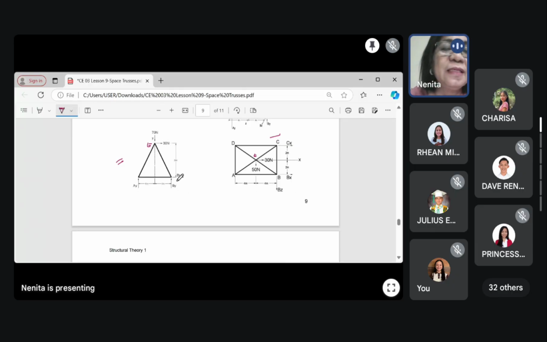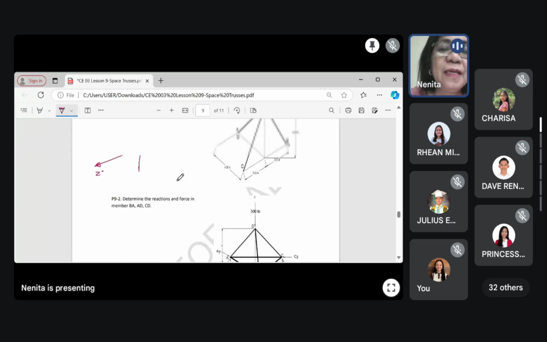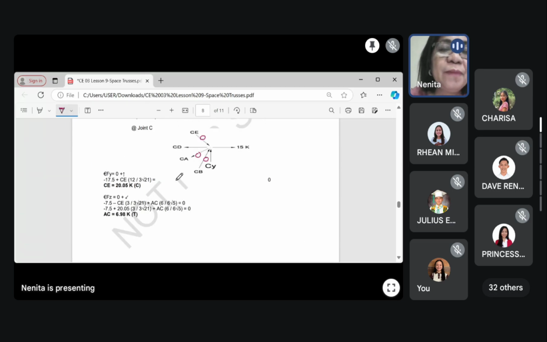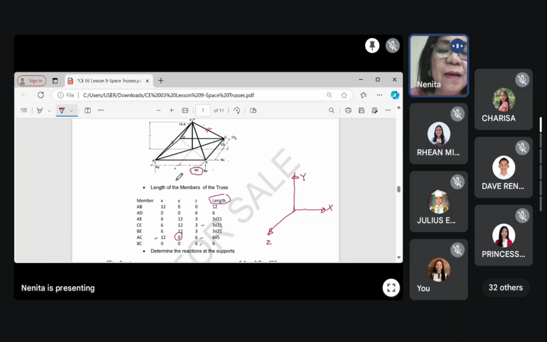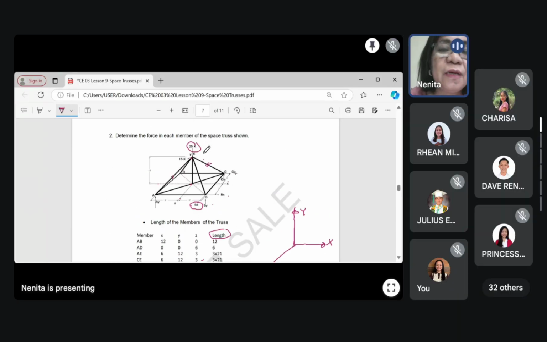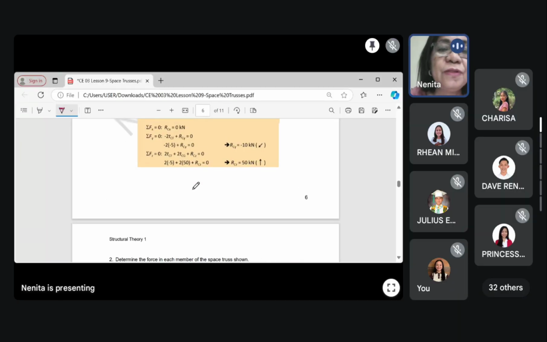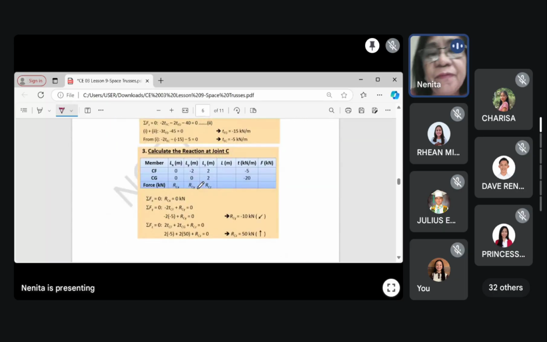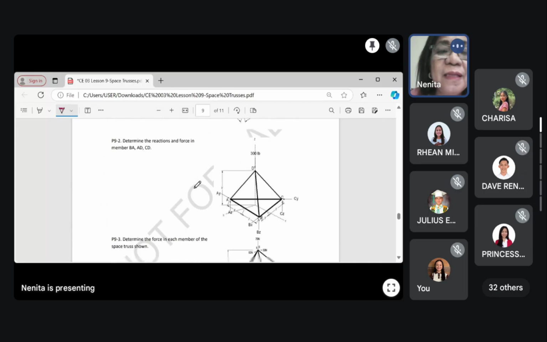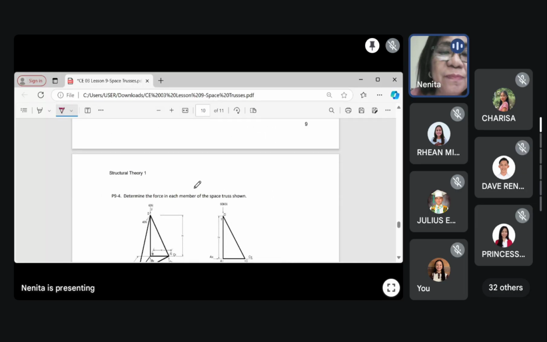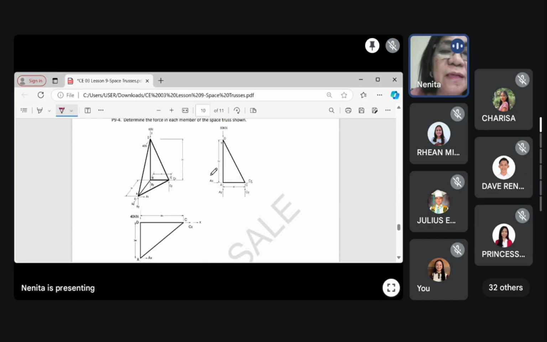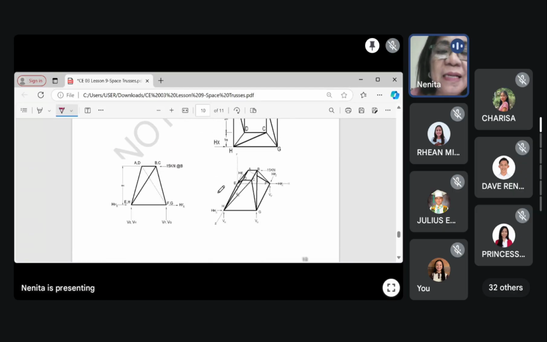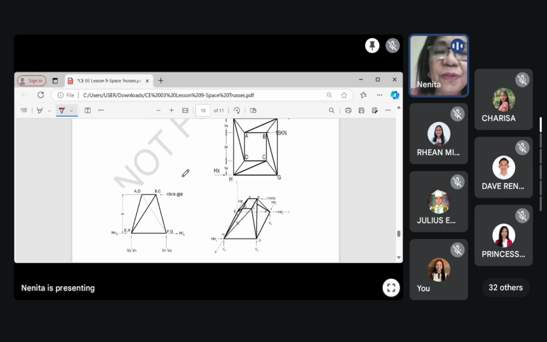Okay, so pwedeng itong example number 3, problem number 3, pwede rin nyong gawan ng plan and elevations. Akin hindi na siya ginamitan ng plan and elevations, pero mas maganda ay may plan and elevations. Inihatag ko na rin ang plan and elevations. Yan na siya, plan and elevation.